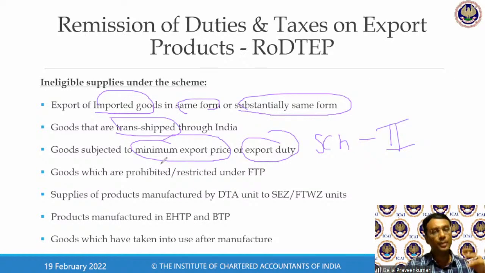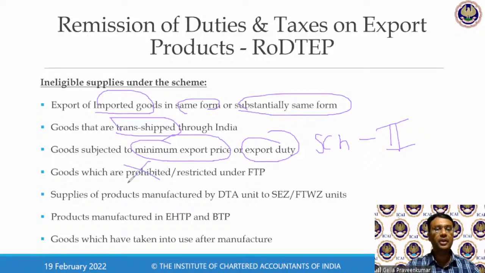For example, export of sugar, they say it should be 150 rupees per kg, while sugar sold in India is 80 rupees. When you export, they have declared that 150 rupees. So wherever the goods are subjected to export duty or export price, those will not be entitled for this scheme.